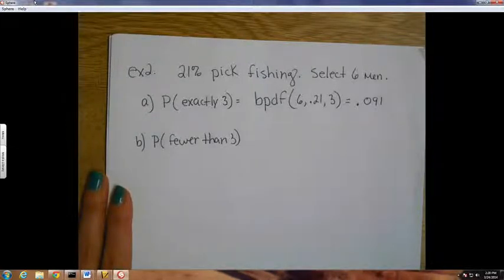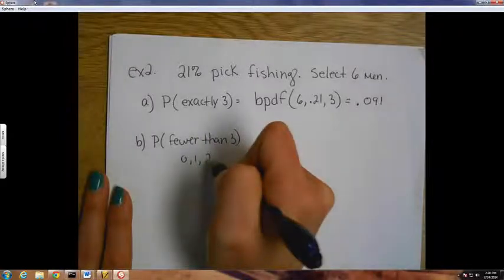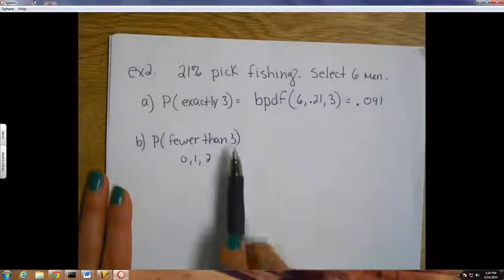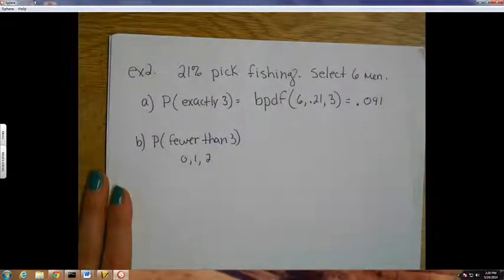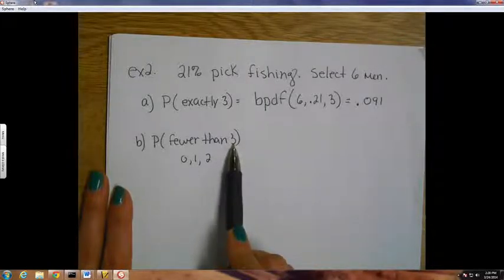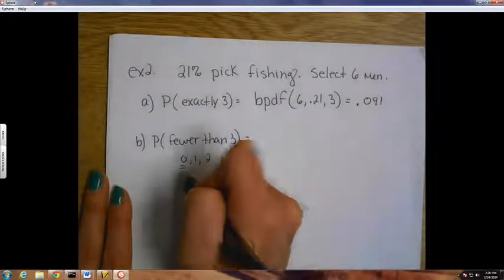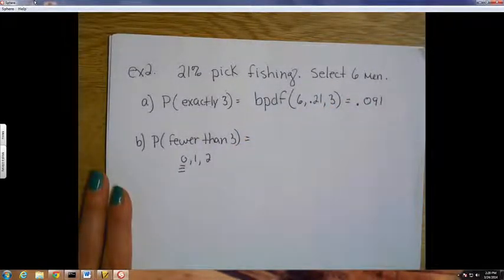What outcomes mean fewer than 3? 0, 1, and 2. What most people do that make mistakes is whatever number they see, they just stick that on the end. You've got to think about these and decide. Is 3 included in fewer than 3? No. So this, because it's starting from 0 and adding, it's a CDF.